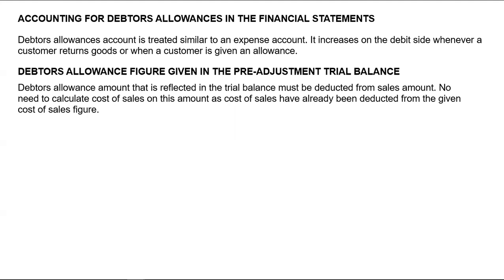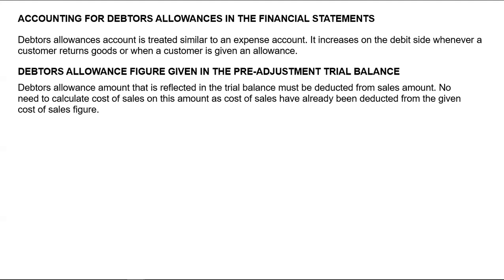The fact that you've got debtors allowances in the trial balance simply means that cost of sales that relates to that debtors allowances has already been taken into account. So no need to calculate cost of sales on the debtors allowances figure given to you in the pre-adjustment trial balance. Highlight that because that is very important.